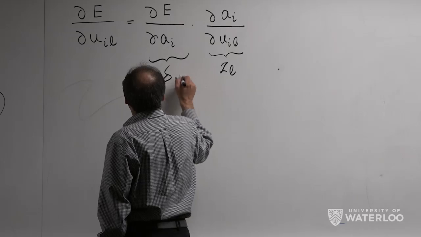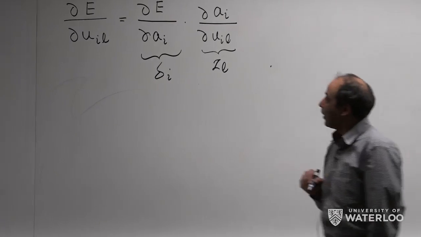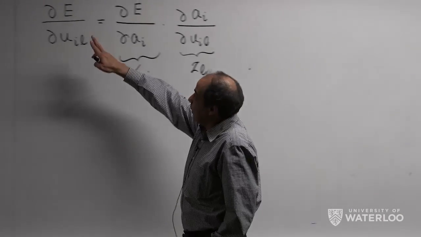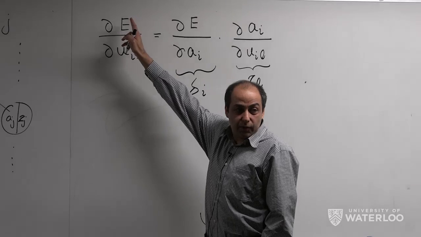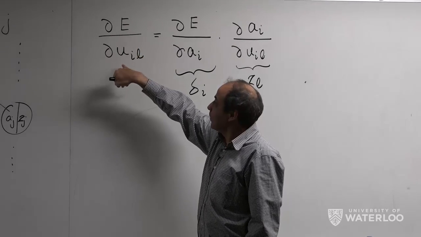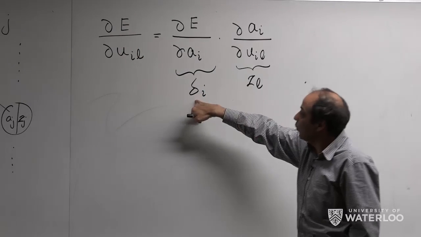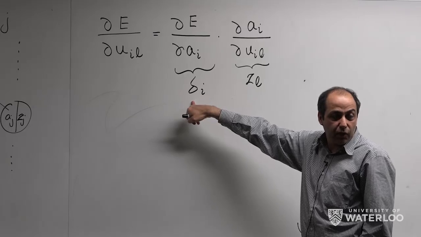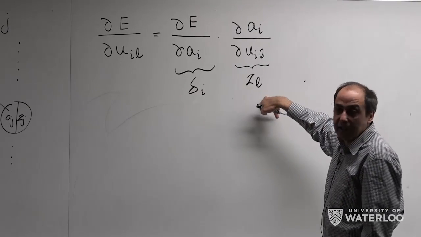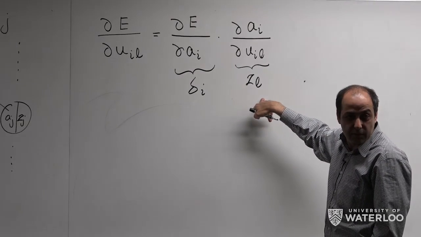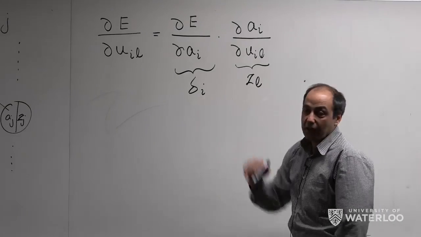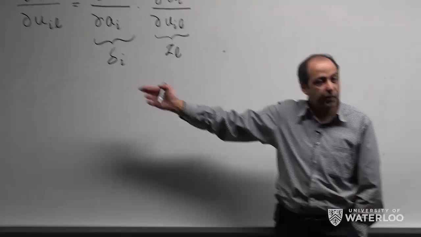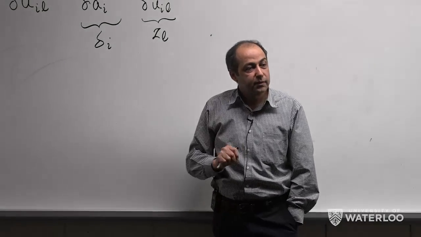Let me call it delta I. So far I know that the derivative of the cost function with respect to one of the weights is this quantity delta I, which I don't know, times ZL, which I know. But this delta I is unknown. If I can compute delta I, I'm done.